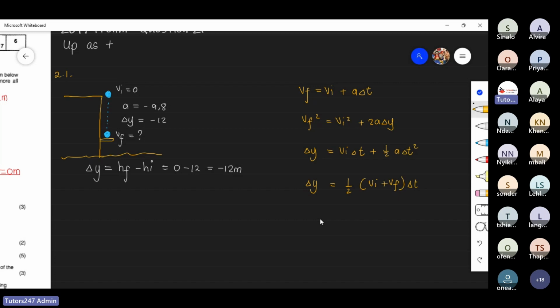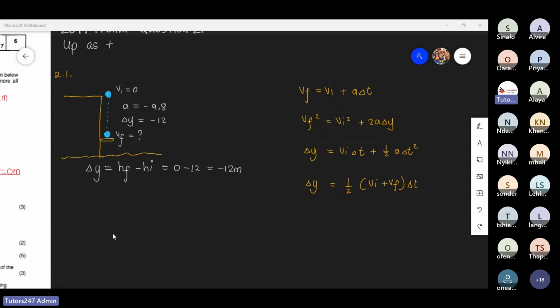Now we need to identify out of the 4 formulas which is the best for us to use in order to calculate the final velocity. Step 1, when eliminating formulas, I would recommend starting off with what you are calculating for.